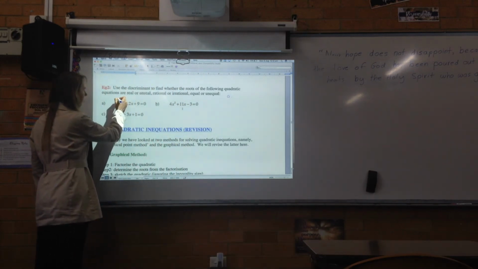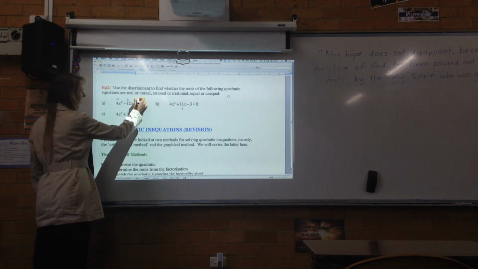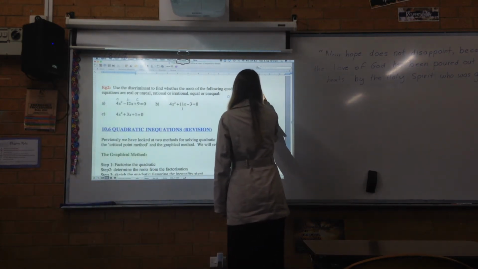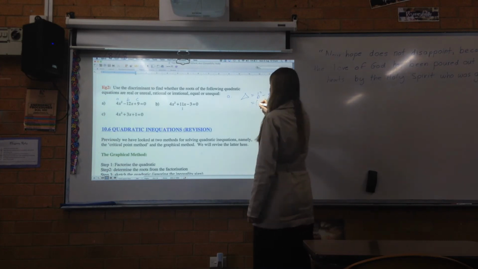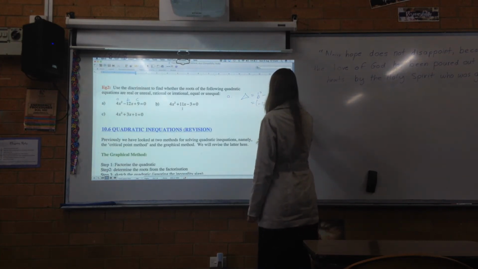A is 4, B is negative 12, C is 9. So let's find what the discriminant is. B squared minus 4AC. B in this case is negative 12, minus 4 times A is 4 and C is 9.